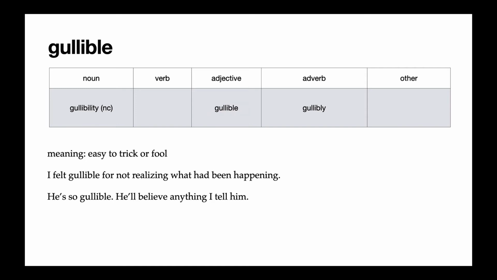That means that he told me all these stories and I just believed his stories. So I was gullible. I just believed everything. Like in our next example, he's so gullible, he'll believe anything I tell him. So gullibility would be the non-count noun form, but it's most often used as an adjective.